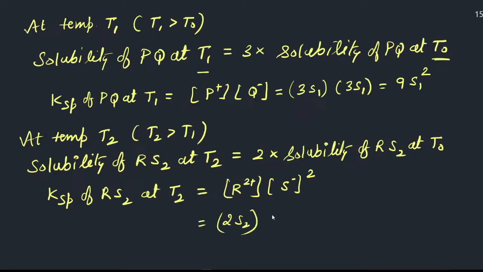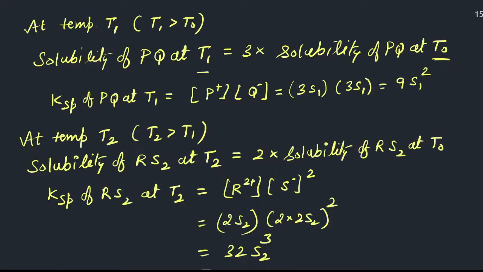So 2S2 and 2 into 2S2, it is double. That means it becomes 32 S2 cube.